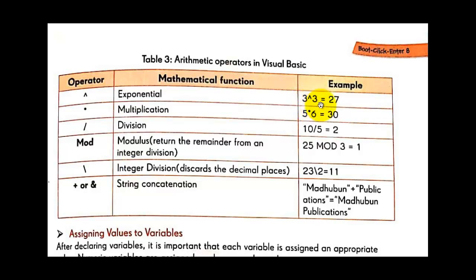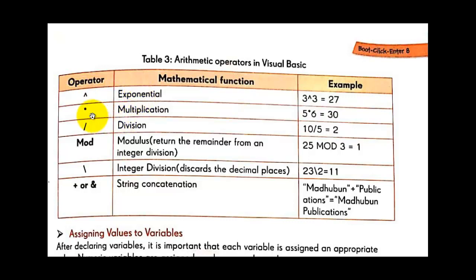Now what is the value of 3 cube? 3 3s are 9, 9 3s are 27, right? You multiply 3 three times, that is 27. So this caret symbol is used for exponent.